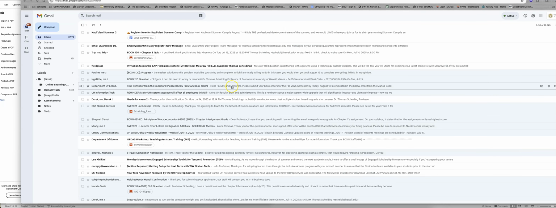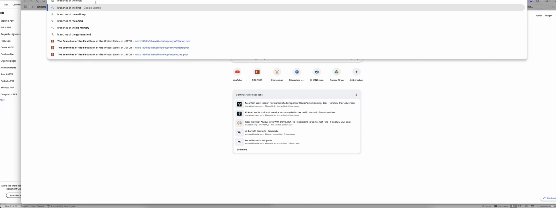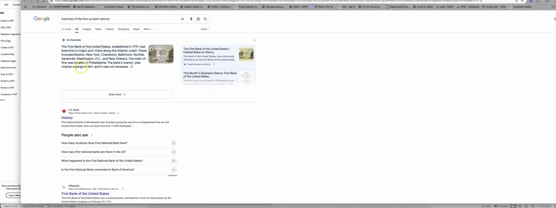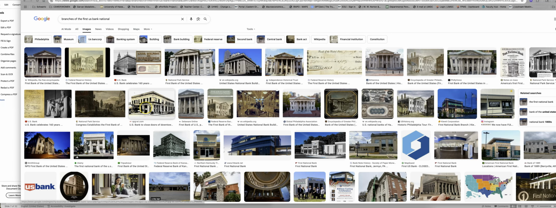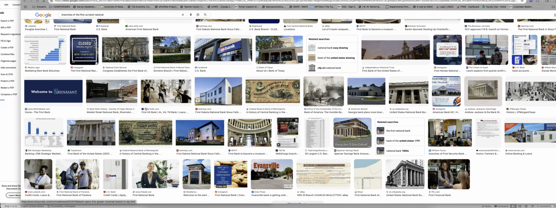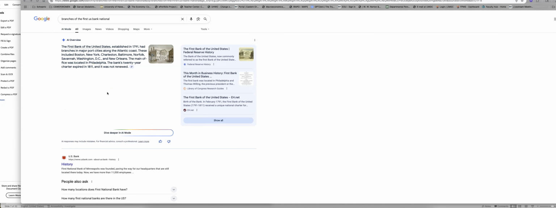I'm just going to look at the images here. Okay, here we go. Boston, New York, Charleston, Baltimore, Norfolk, Savannah, Washington, D.C., and New Orleans.